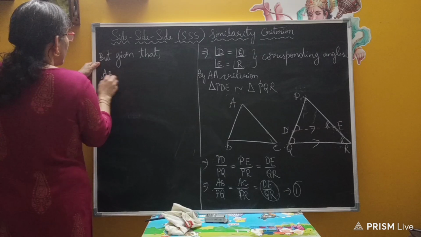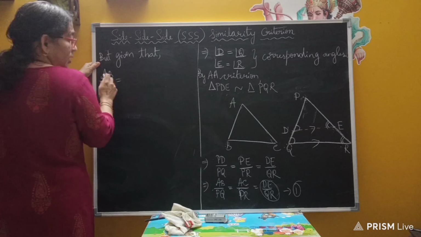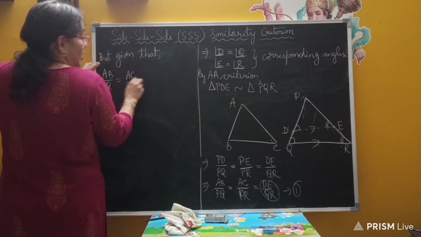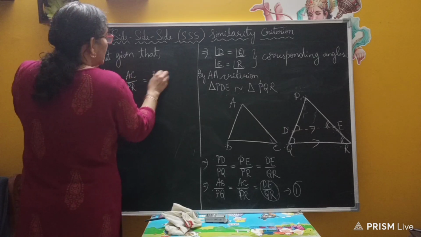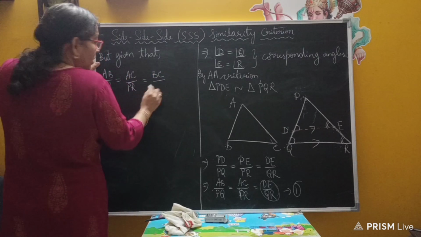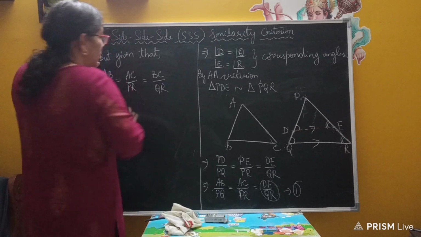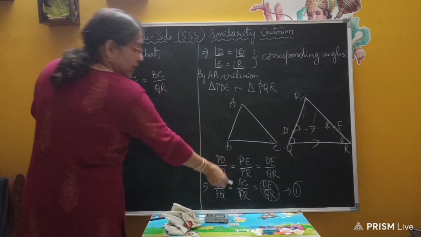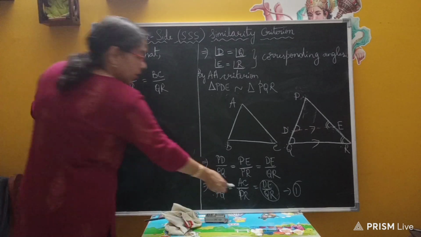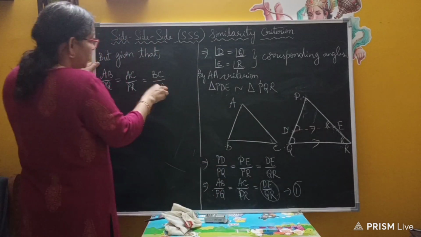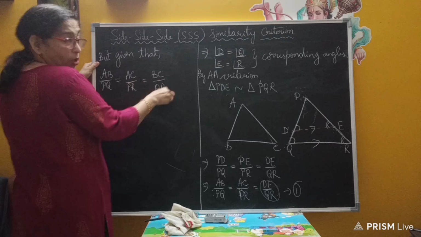Given that AB by PQ is equal to AC by PR is equal to BC by QR. This is given. So compare this given with this now. AB by PQ, here also we have. AC by PR, here also we have. And here BC. Since these two are common, this also must be equal.